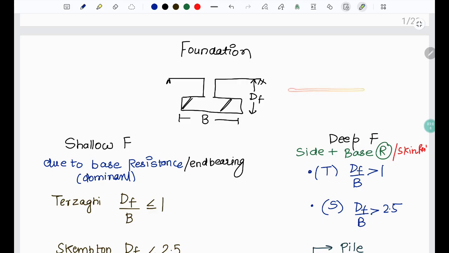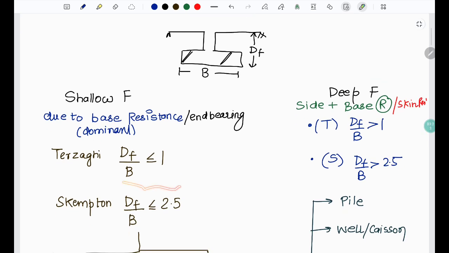The purpose of the foundation is simple: to transfer the load that comes from the superstructure via the columns to the soil layer beneath it. And as per Skempton, this same ratio, where in Terzaghi it was less than 1, for Skempton it comes out to be less than 2.5.